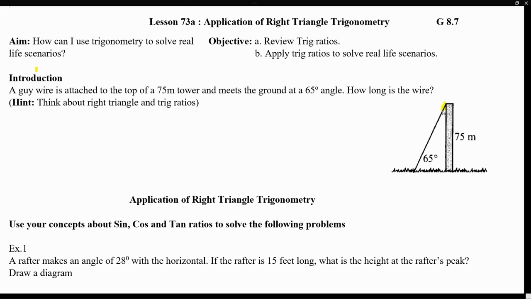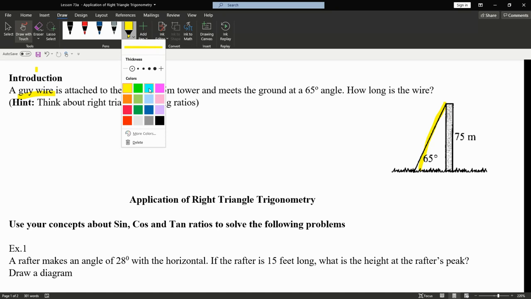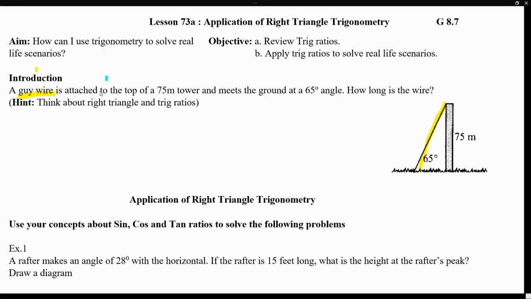So here, this line right here is what's going to be representing the wire. And notice that in this same diagram, it says it's attached to the top of a 75-meter tower. So in this case, this is our tower.